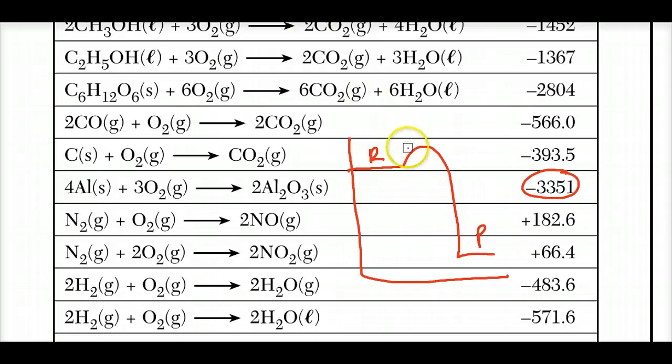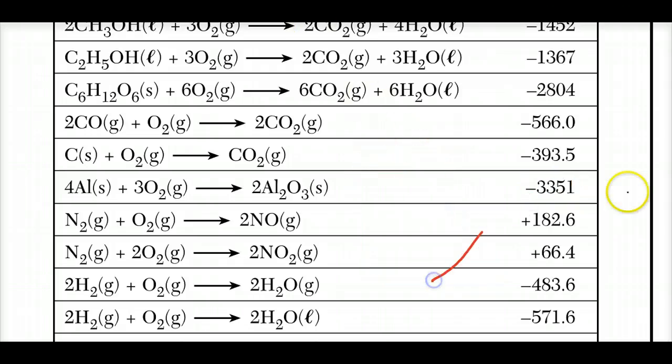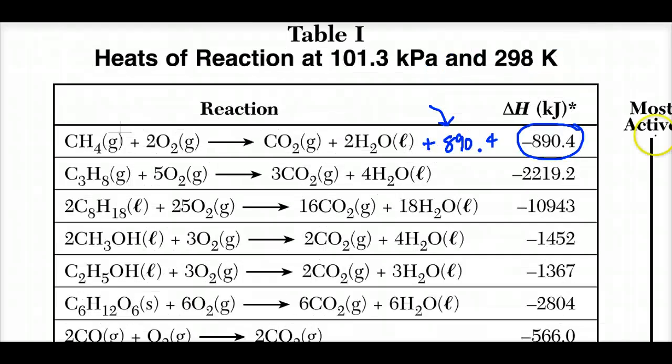Another place where they use this table is they could ask how much energy is given off per certain moles or grams. For instance, this 890 amount of energy given off is per 1 methane. If they said, if I had 2 moles of methane, how much energy is released? Well, then it'll be 2 times this number, because these values are molar quantities.